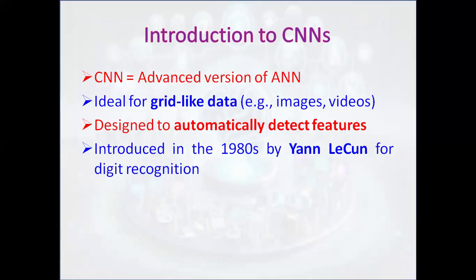Unlike ANNs, CNNs preserve spatial relationships. One major advantage of CNN is that they automatically detect important features from data, eliminating the need for manual feature extraction. CNNs were introduced in the 1980s by Yann LeCun, who first applied them to digit recognition tasks such as reading zip codes from handwritten inputs.